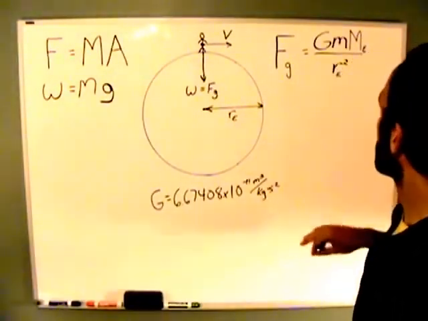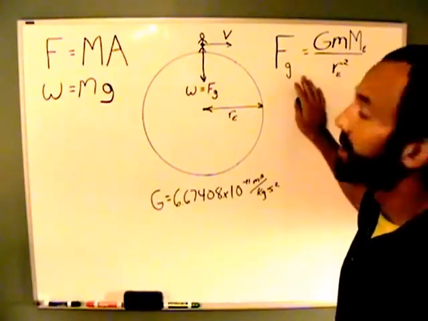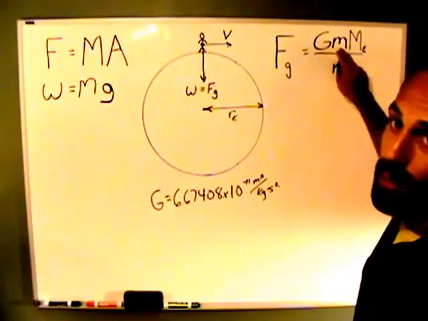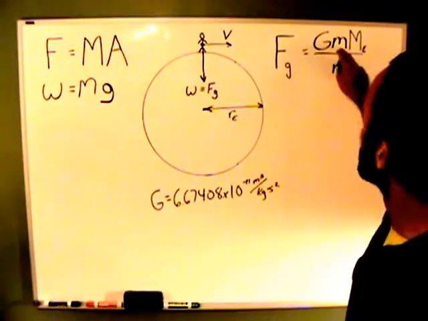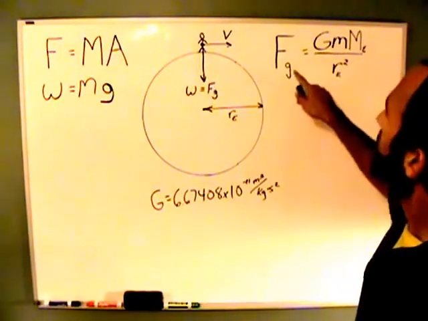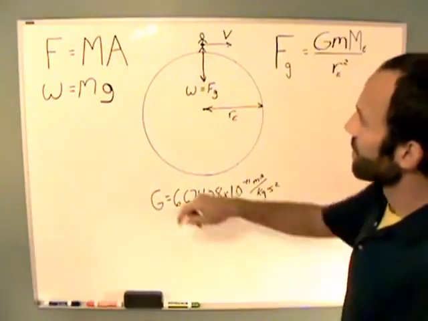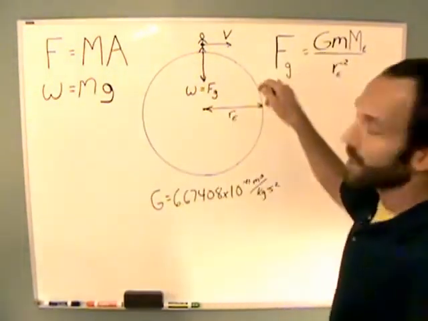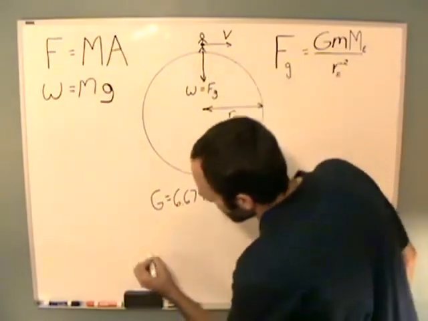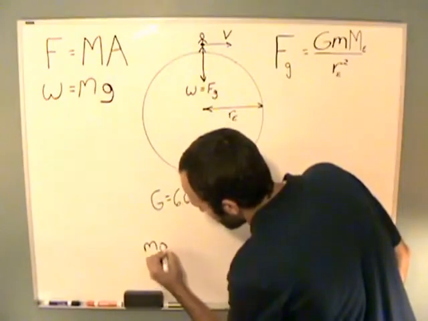Let's assume that's correct. So now he must have been really excited because he knows what this big G is. He knows what his mass is, or any other mass of an object on Earth. He knows what the radius of Earth is. So he can set these two equations equal to each other. You know, he knows that weight and the force of gravity are equal. So what he did was, you can look this up, this is exactly how this was done.